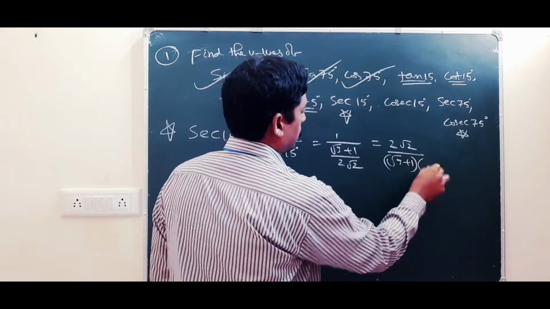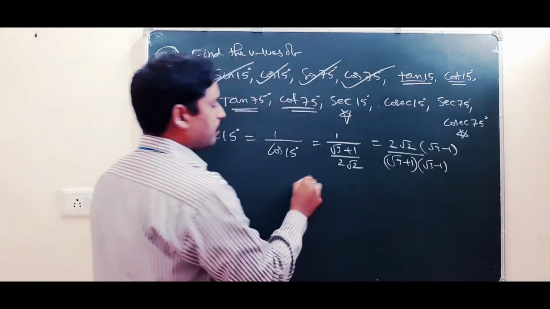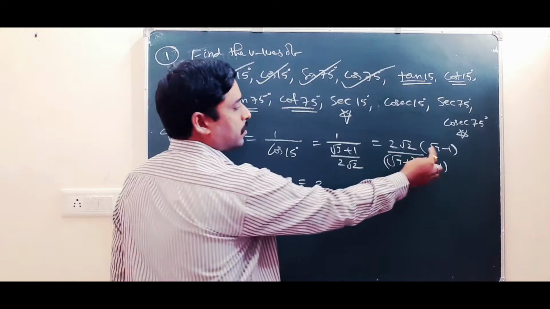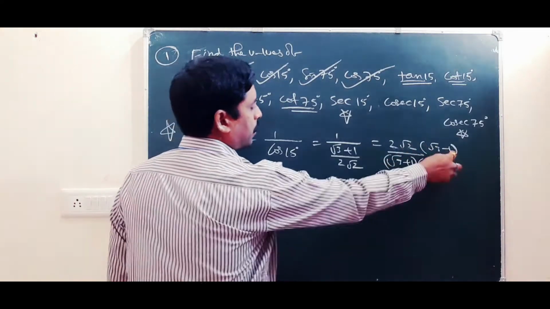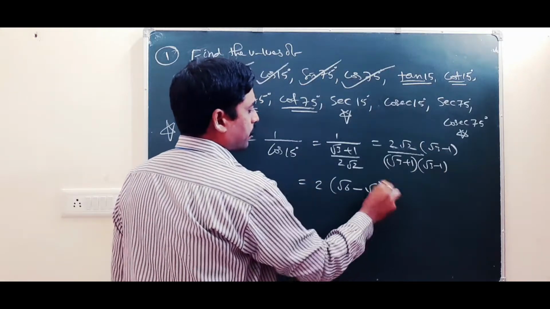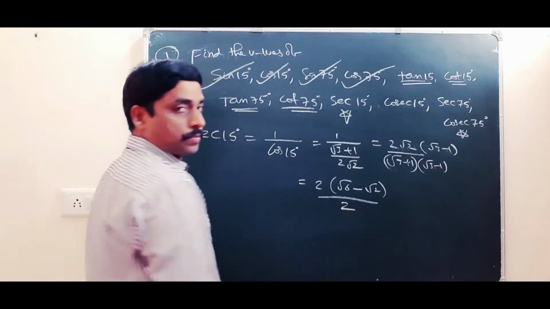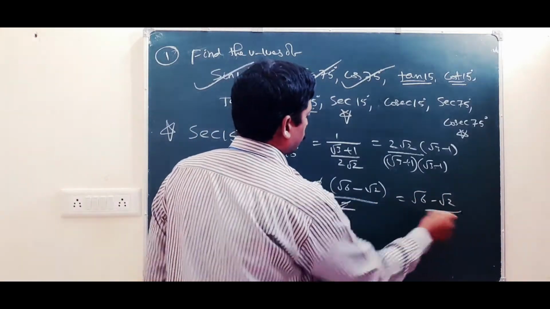So let us do denominator rationalization. This will be 2 root 2, that is 2 into root 2, multiplied with root 3 minus 1. Root 2 into root 3 is root 6, root 2 into 1 is root 2. In the denominator, a plus b into a minus b, this value will be 2. The 2 gets cancelled, so root 6 minus root 2.